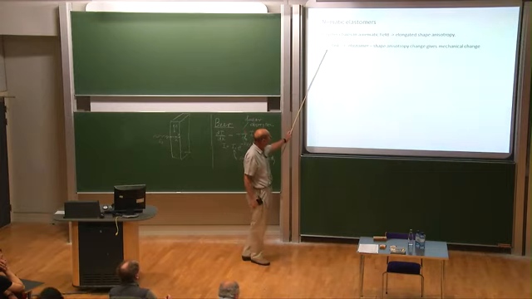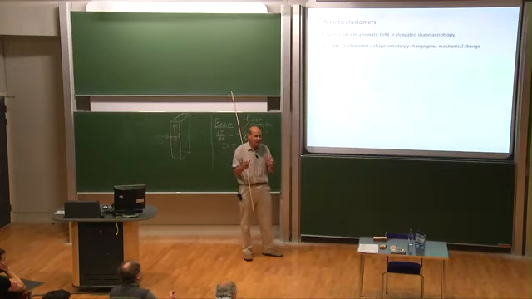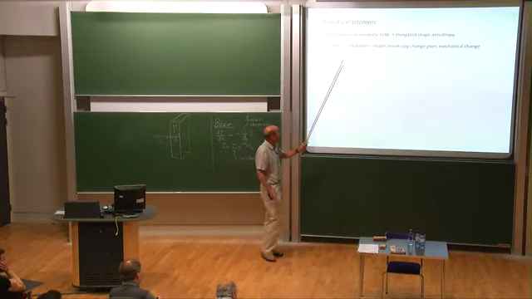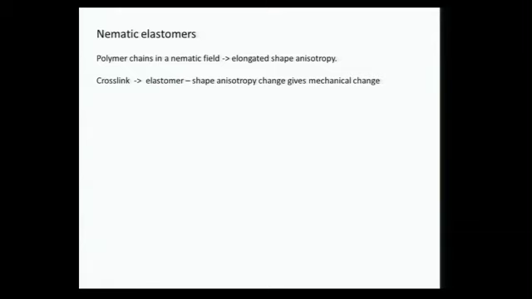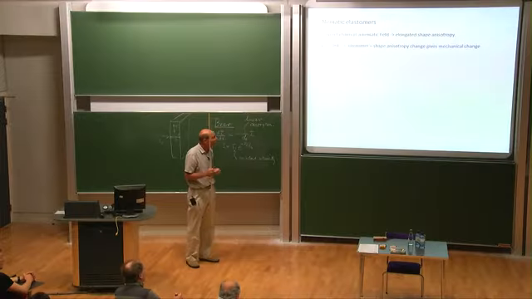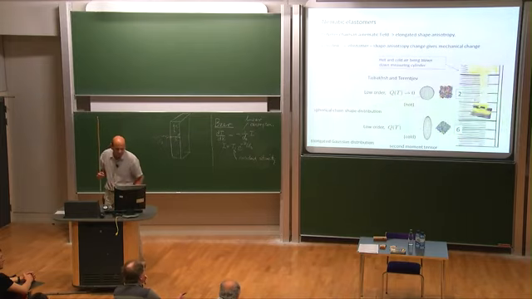But if we cross-link chains together, they form elastomers, and elastomers are respectable solids. And this molecular shape change induced by the orientational order has an effect of giving mechanical shape change. And the mechanical shape change is essential to the interesting mechanics of these solids.